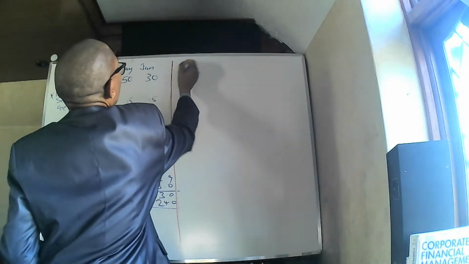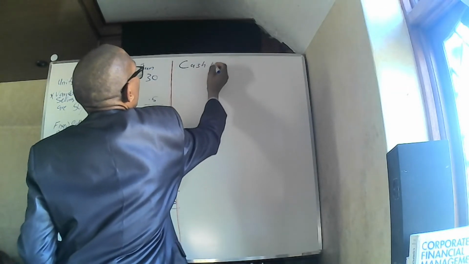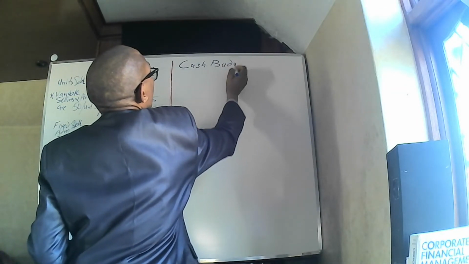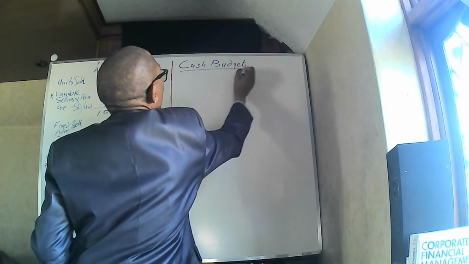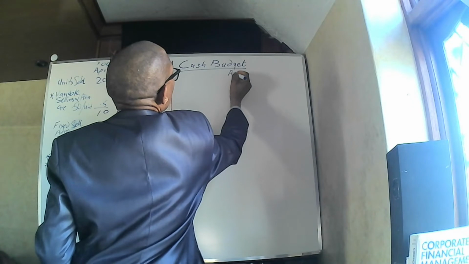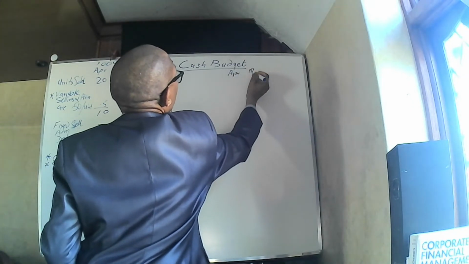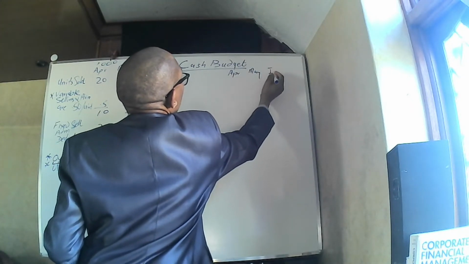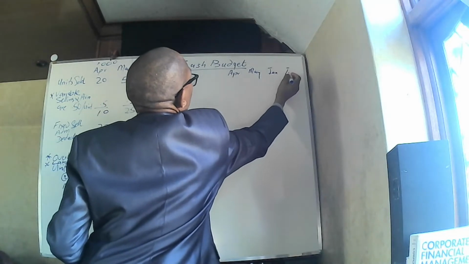Cash budget. April, May, June, and total.